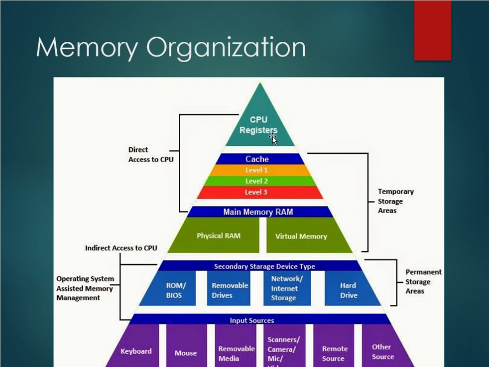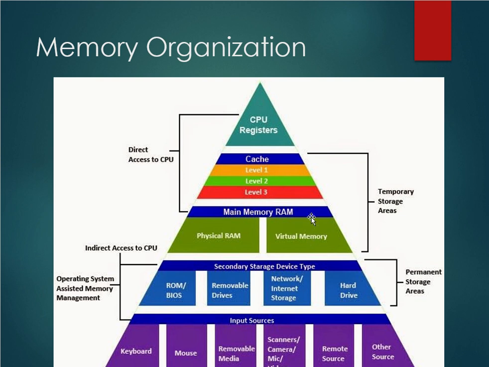And CPU registers means now you know that in a computer we have a memory called RAM. Now this processor or CPU in the computer also has a dedicated memory or RAM. It is called CPU register. And also there's another set of memory called cache. It has more than one level, like level 1, 2, 3.